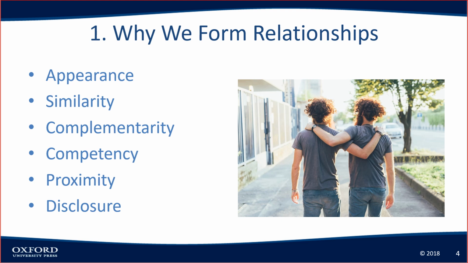In our textbook, research has shown that we form relationships due to appearance, like when we think about perception, what we see, what attracts us; similarities, things that we're alike in; complementary, something that strengthens us if we're weak in an area; competency, the ability to have conversations that are intriguing and bring a critical thought process; proximity, the space, the time, the distance between us; and then disclosure.